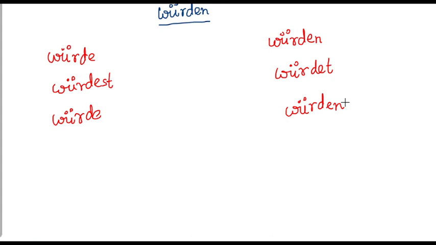Now let us start with some very basic examples. The very first utilization of the Konjunktiv is when we are supposed to make a polite request, or you can call it a polite suggestion. Let us start with the uses.